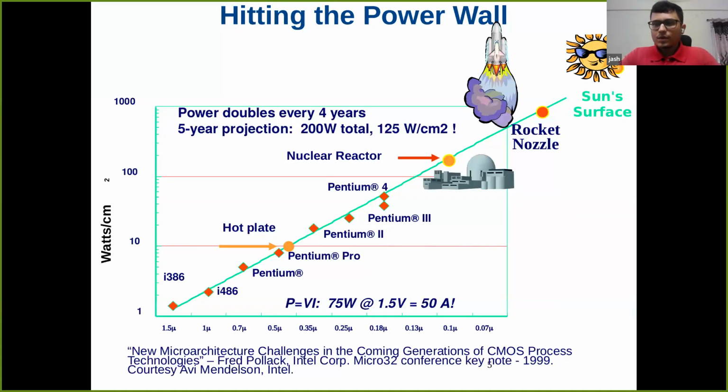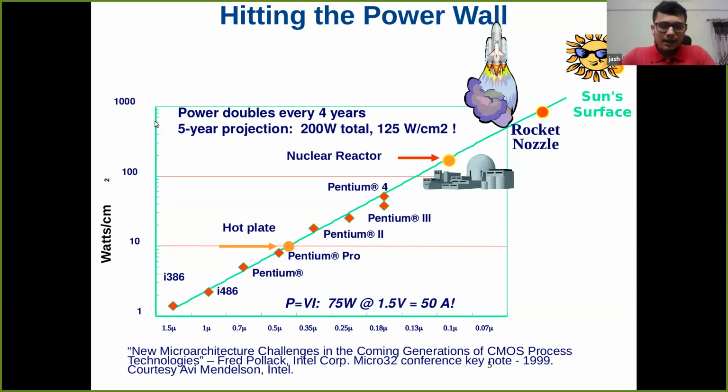So what was happening was, since we are increasing the clock frequency, the heat dissipated by the transistors will go on increasing, and due to that, our system will dissipate more and more heat.